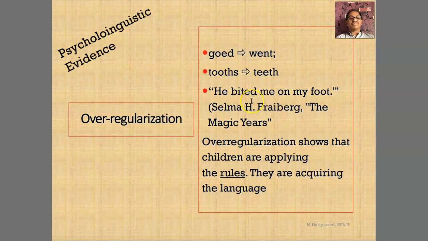This is over-regularization. So over-regularization shows that children are applying rules. While applying the rules, they are acquiring the language. That means there are rules formed in the human brain, not that the words are stored.